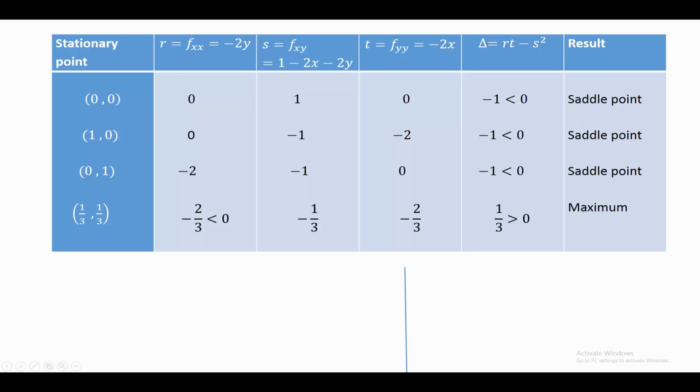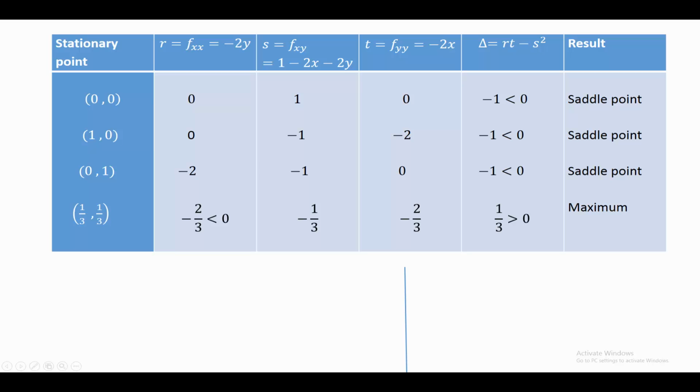At point (0, 1), rt is 0, minus of minus 1 square is minus 1, this is also negative, so this point (0, 1) is also a saddle point. And at point (1/3, 1/3), rt is minus 2/3 into minus 2/3, which is 4/9. 4/9 minus of minus 1/3 square, which is minus 1/9. 4/9 minus 1/9 is 3/9, 3/9 means 1/3.